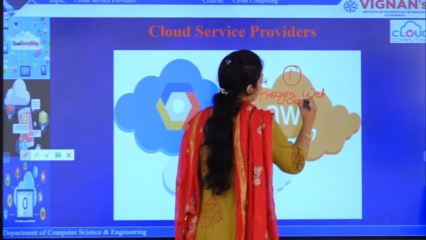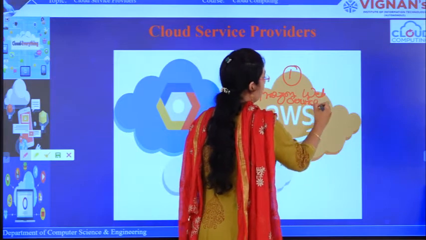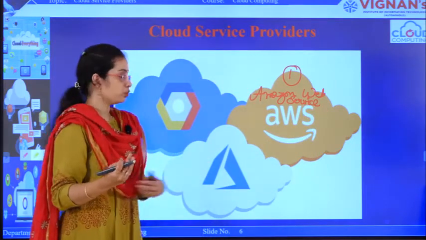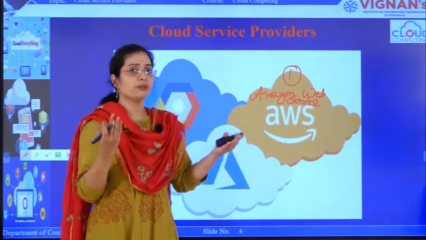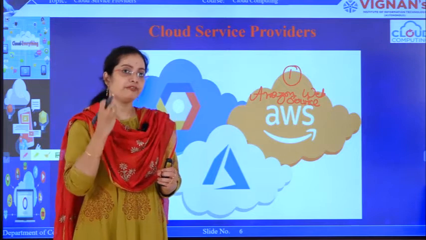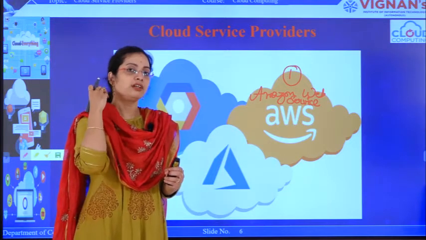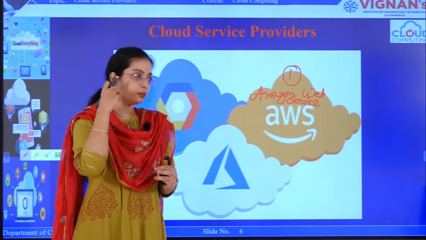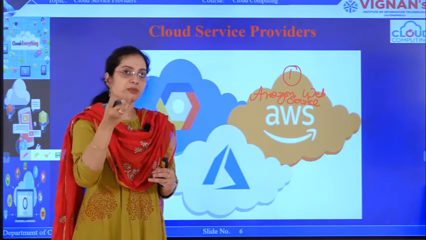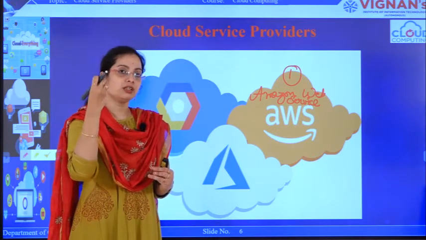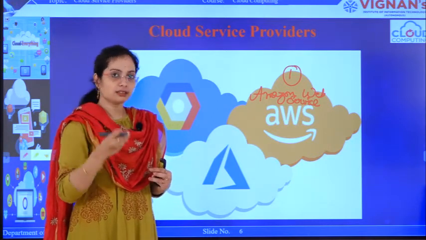It is the first cloud service provider to come into the market to serve the users in different approaches, because we all make use of Amazon for e-marketing. Every day we process some set of transactions, purchasing different customer requirements like products, textiles and so on.